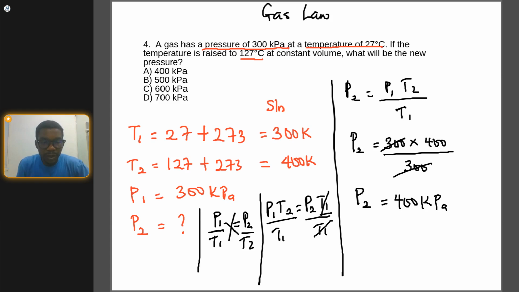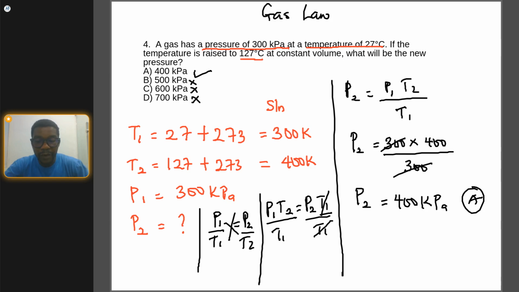Now let's check the options to see if our answer is there. Option A is 400 kilopascal. That implies option A is the correct answer, while options B, C and D are not correct. The correct option is A, which is 400 kilopascal.